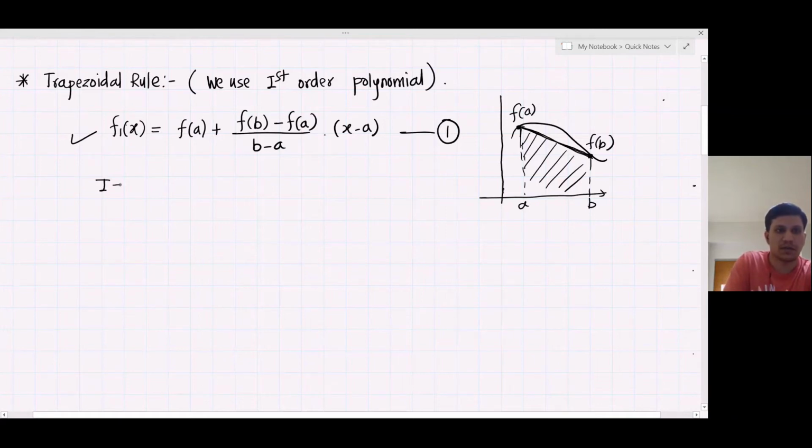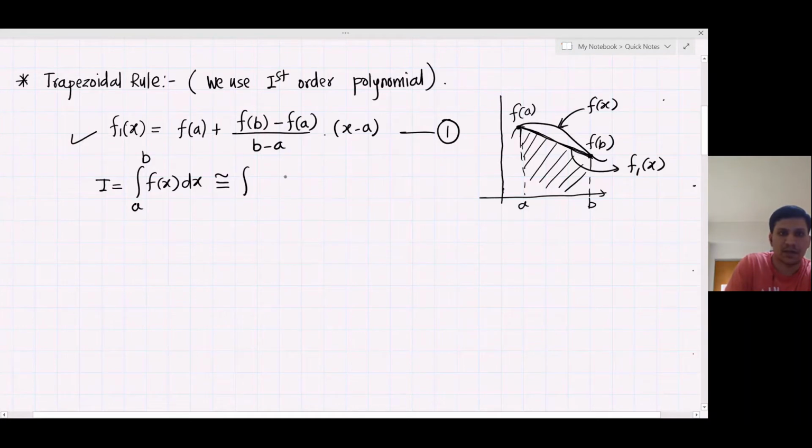Now we know that we perform the integration of f of x dx. f of x is the original function, but we replace this original function with the straight line f1 of x. So the integral of f of x dx from a to b we can approximate by fitting the straight line between these 2 points, where 1 is the degree of that polynomial.